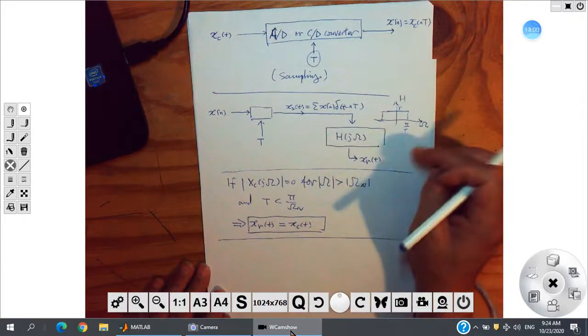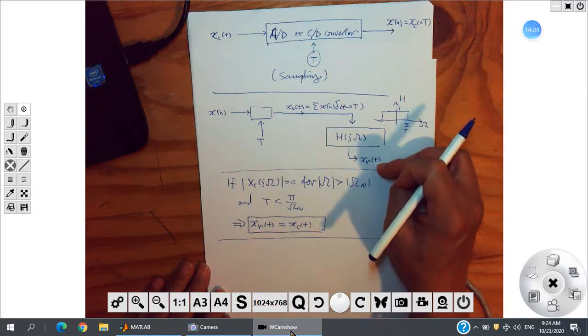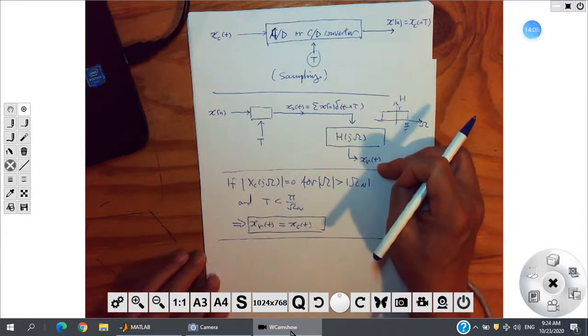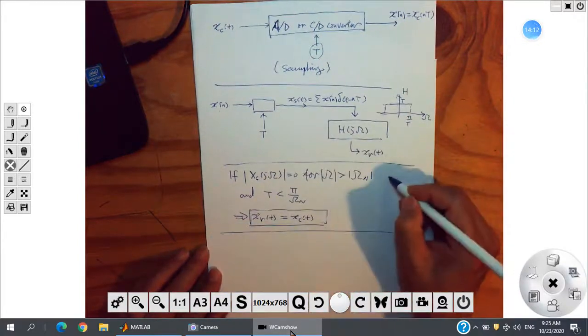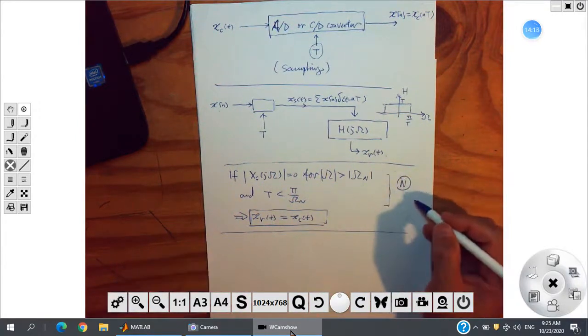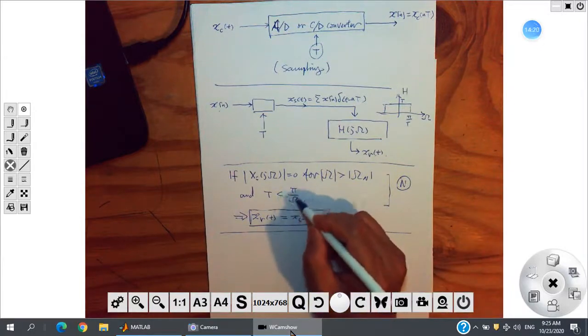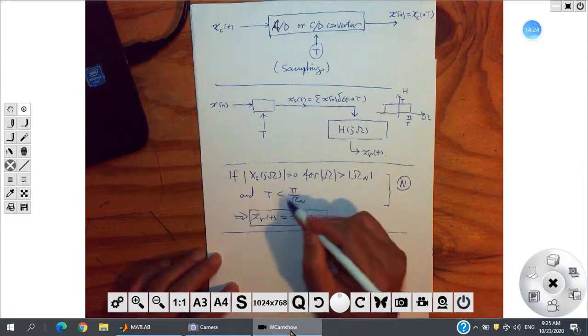If without these two conditions, we still can work like this. But the resulting signal will have some errors. You cannot make sure the restored one is the same as the original one. So I say this is a condition. I said omega n is the Nyquist one, right? This is the Nyquist sampling step.